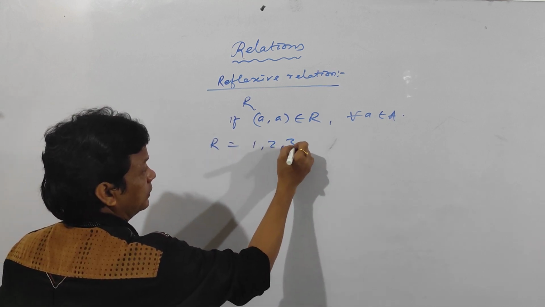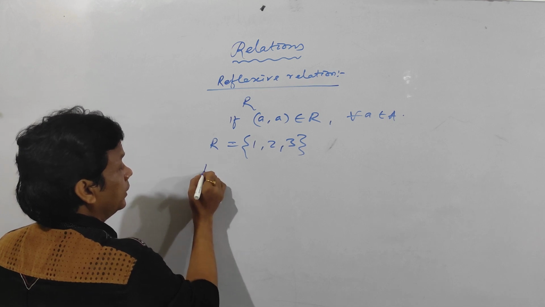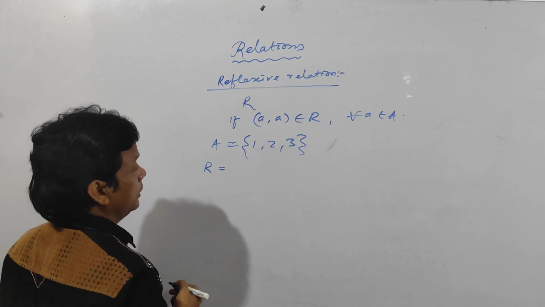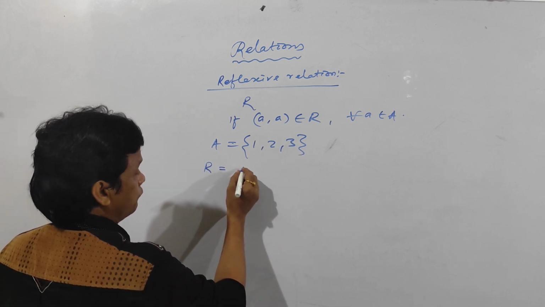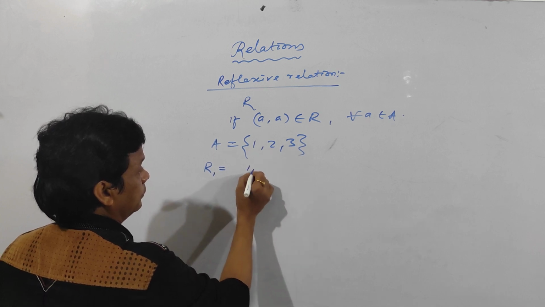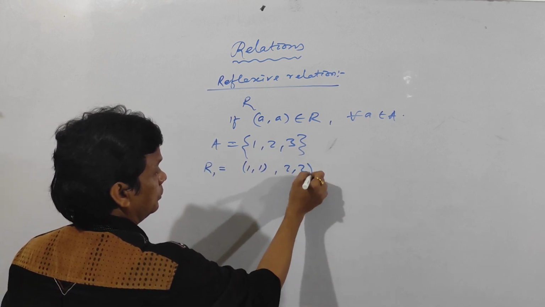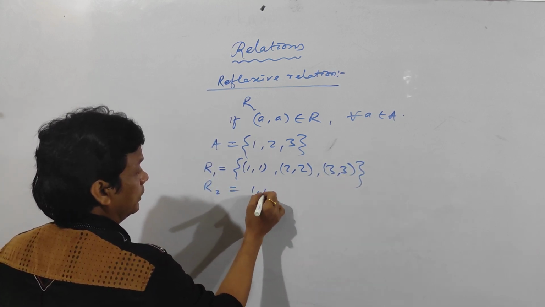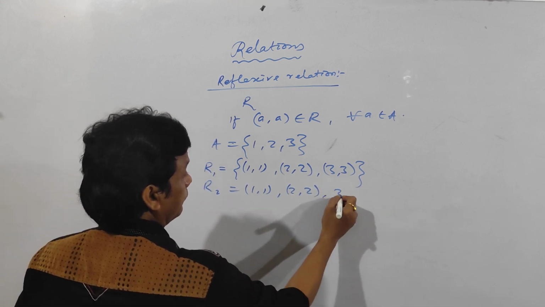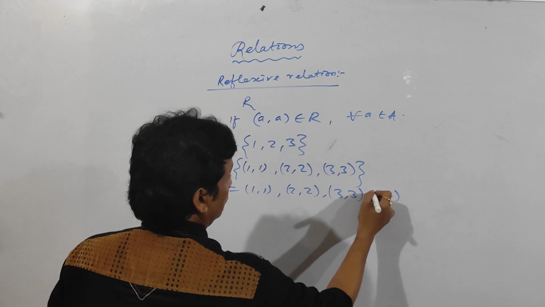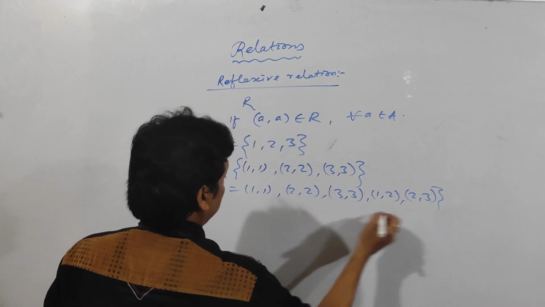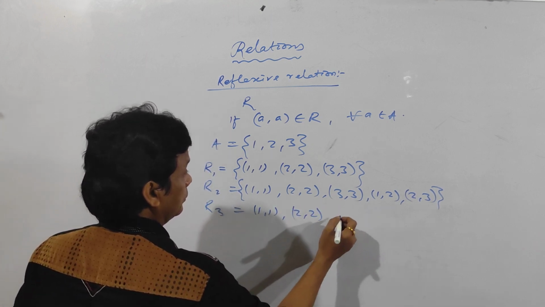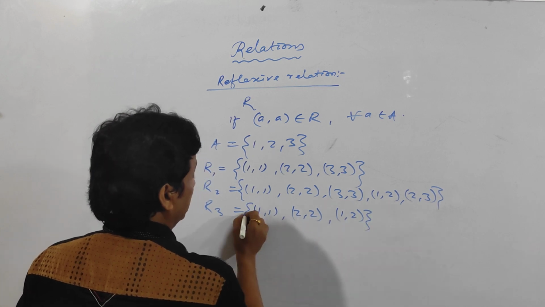I am giving an example, see here. A is equal to {1, 2, 3}. And if R1 is the relation {(1,1), (2,2), (3,3)}, and R2 is {(1,1), (2,2), (3,3), (1,2), (2,3)}, and R3 is equal to {(1,1), (2,2), (1,2)}, like this.